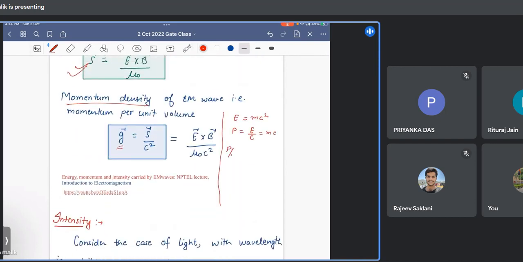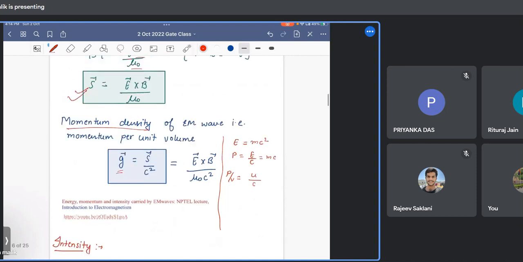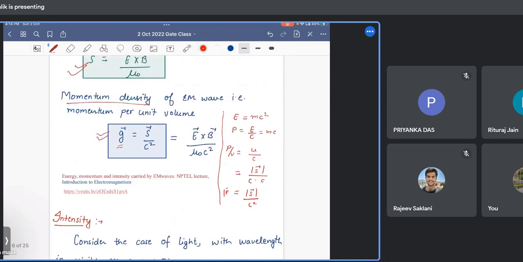So momentum per unit volume will become energy per unit volume divided by C, and since u is given by mod S vector by C, the momentum density is mod S vector by C square. This becomes the momentum density, momentum per unit volume, for the case of a photon. The complete derivation of it is available in this NPTEL lecture.